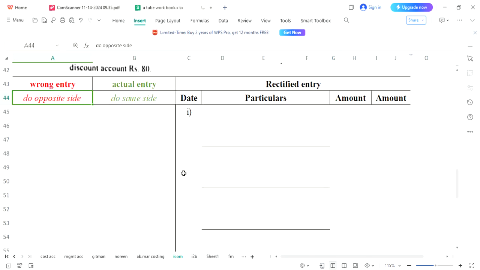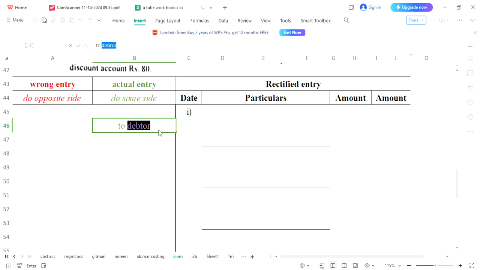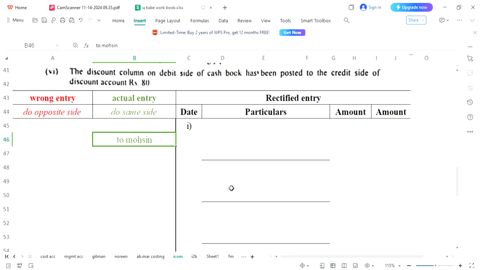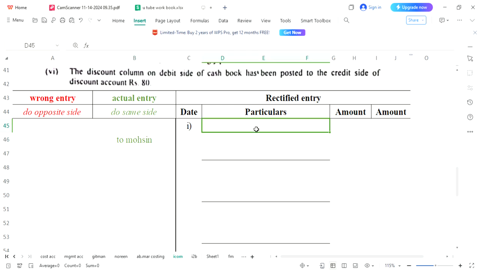So Mohsin was actually to be written on credit. Alright. For just our memory, we have written Mohsin. It was overcast. The overcast rule is to write on the opposite side. The original side was credit. In case of overcast, we will write Mohsin's name on debit.